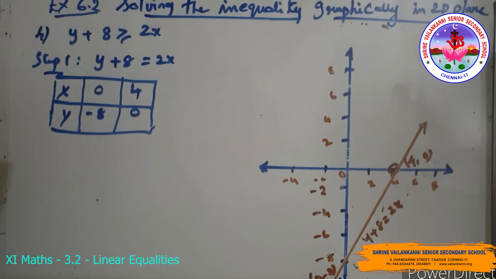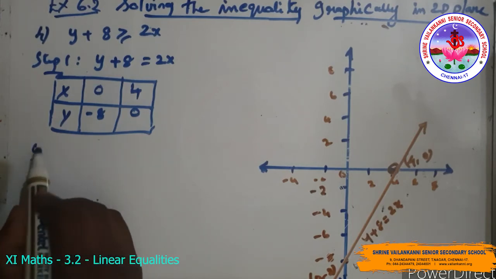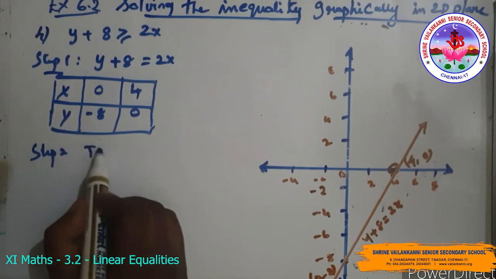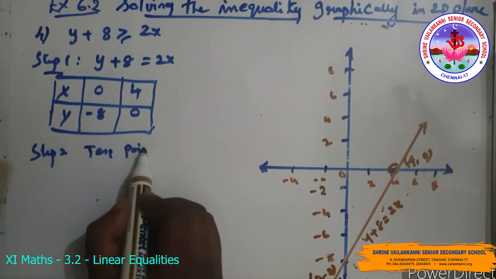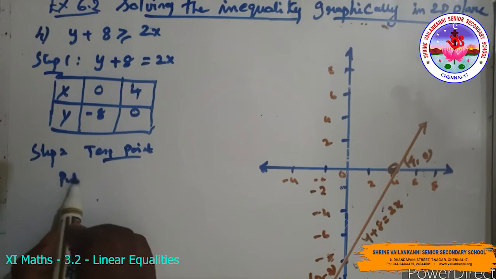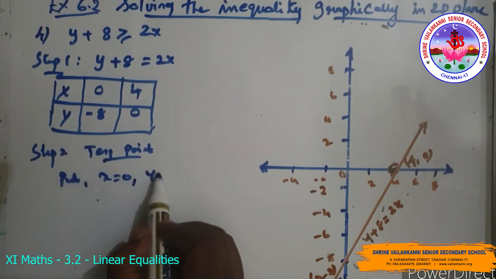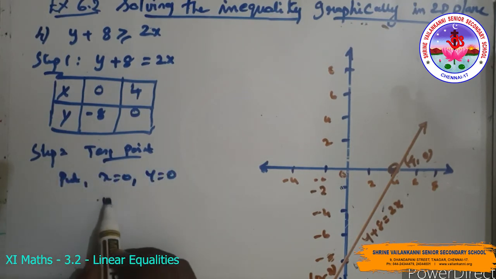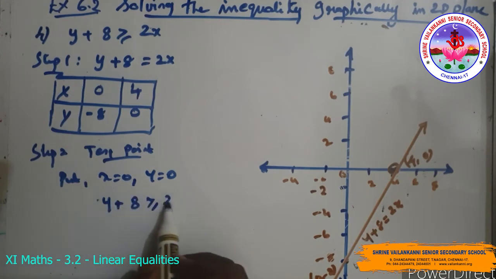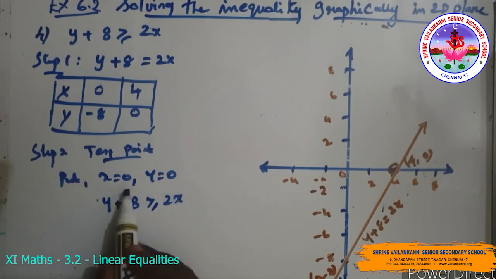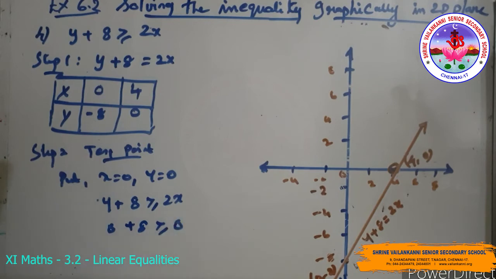This line divides the xy plane into two half planes. Now we have to select a point, that is 0, 0, to determine whether the point satisfies the given inequality or not. So step 2, which is the test point. Put x equal to 0 and y equal to 0 in the inequality. 0 plus 8 is greater than or equal to 0.